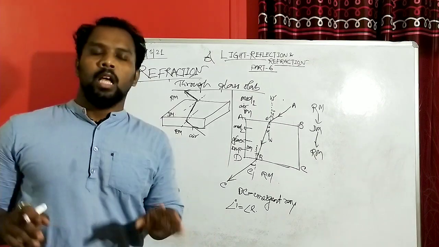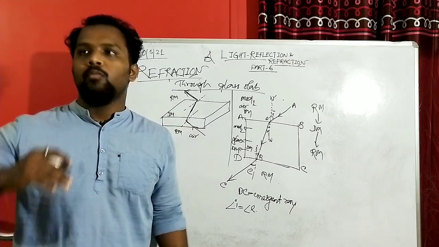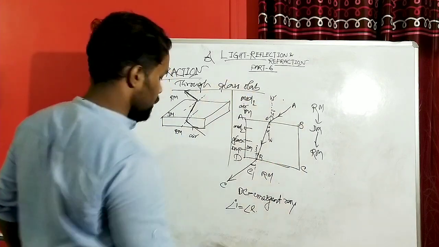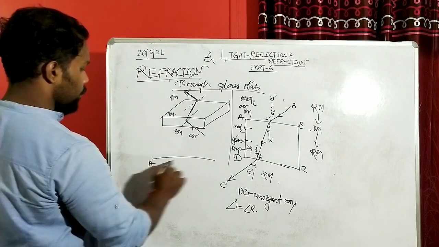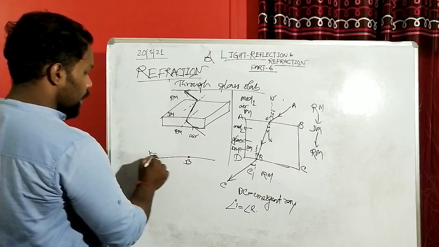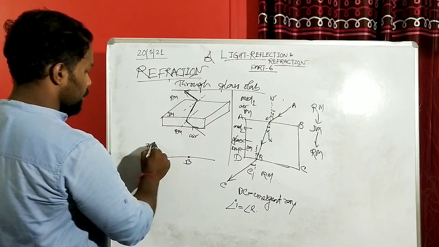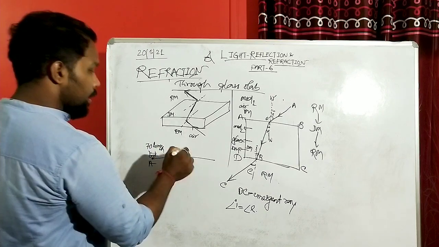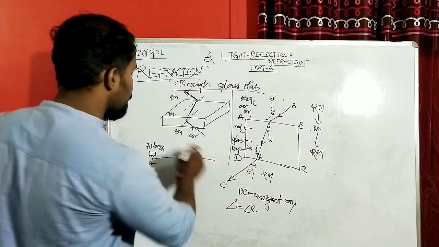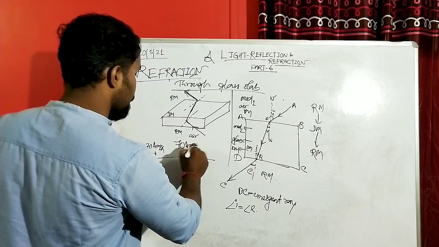See, consider one example: you are moving on a free road. This is position A, this is position B. Here you have a speed of almost 70 km/h. If position B is also free, if there is no traffic, you can also move at the same speed, right?